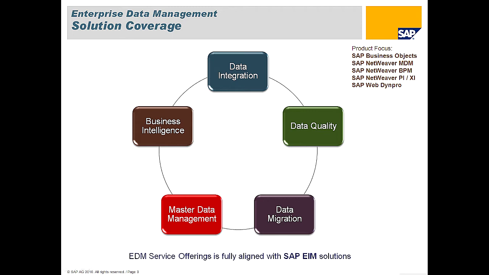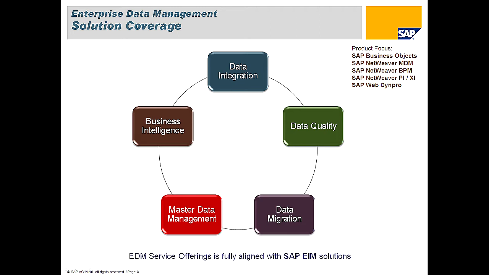the solution we have built specifically for EIM, Enterprise Information Management, this is the coverage of the solution. Our solutions cover mainly five aspects of information or data. The first one is data integration. The solution covers how to integrate legacy SAP and non-SAP applications.